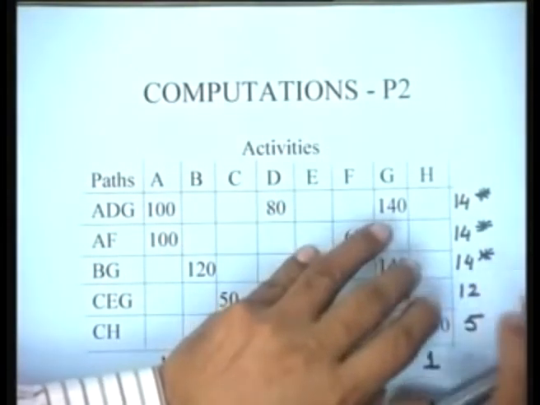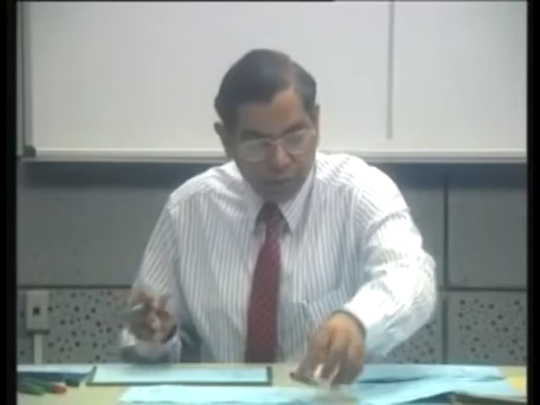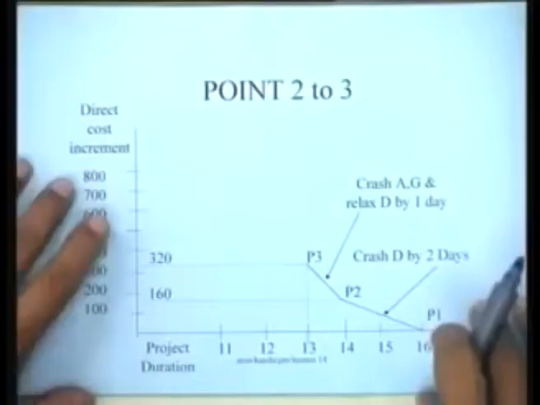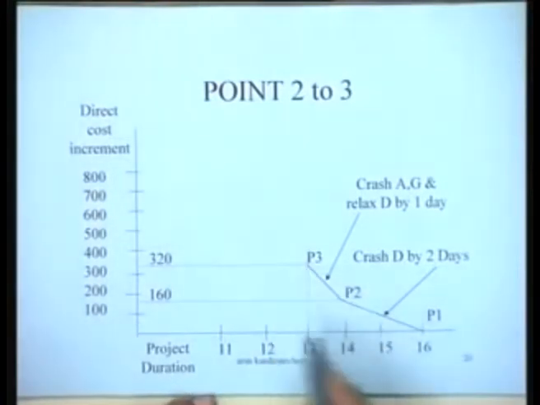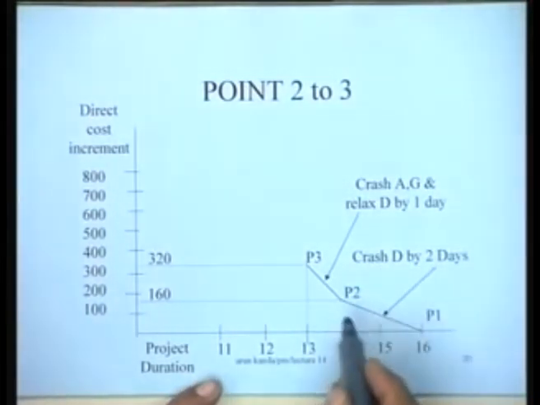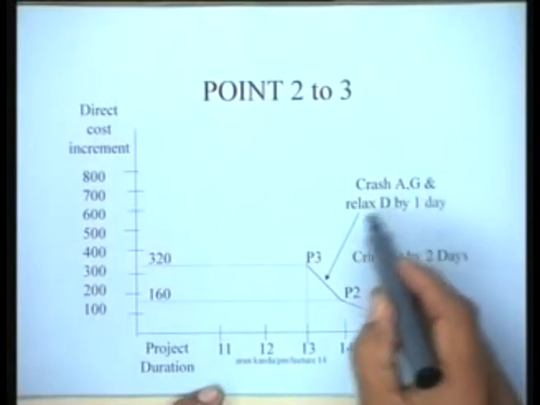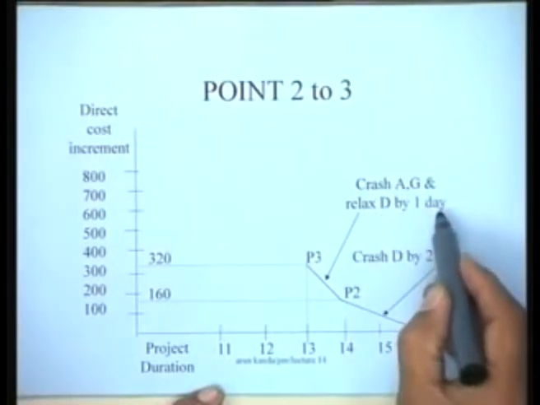We can see that in this particular situation we would in fact be moving from point 2 to point 3 in the curve that we are generating. We had reached from P1 to P2 by crashing D by 2 days. Now from P2 to P3 we are moving by crashing A and G and relaxing D by 1 day.